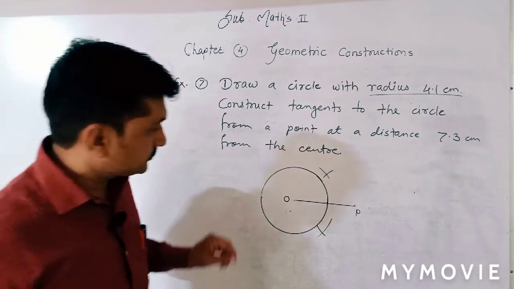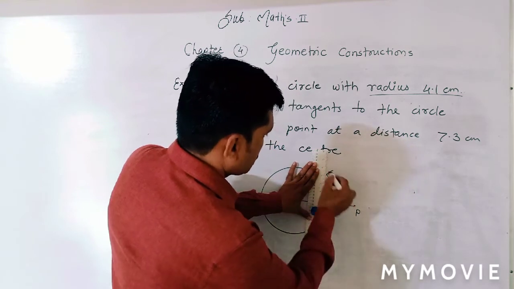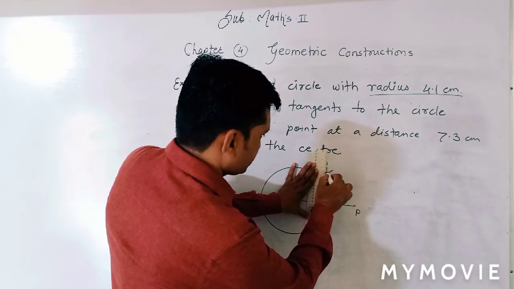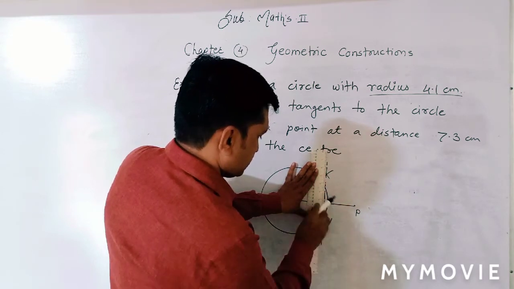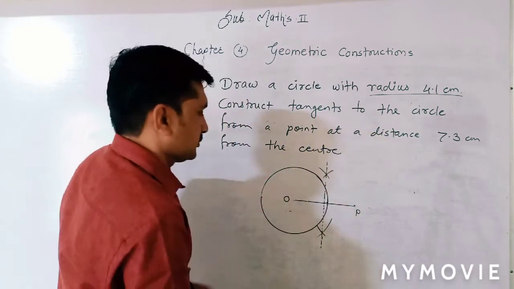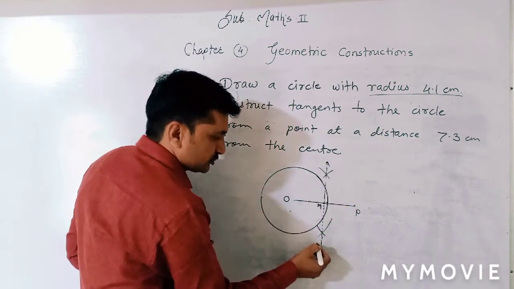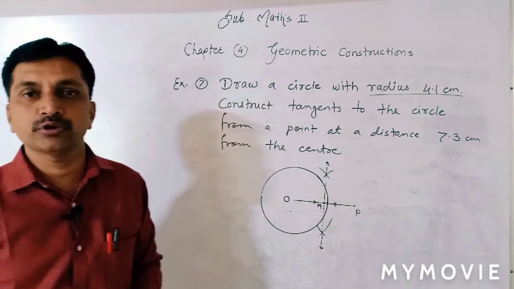Now draw a line from these intersecting points. Now here I give the name M because this is the midpoint of OP. Identical marks also. This is the perpendicular bisector.